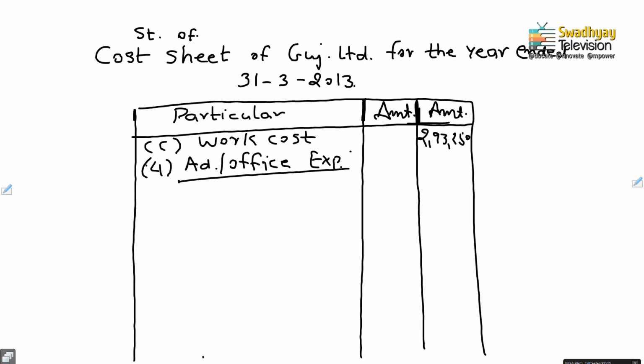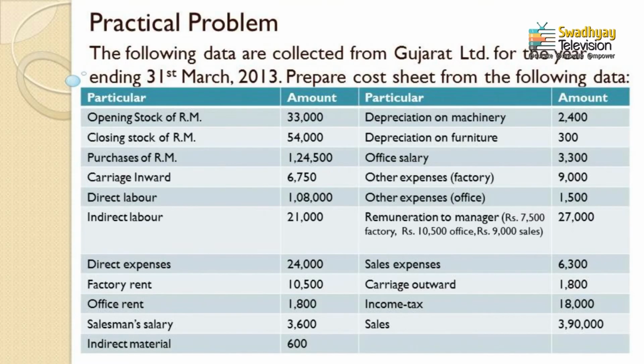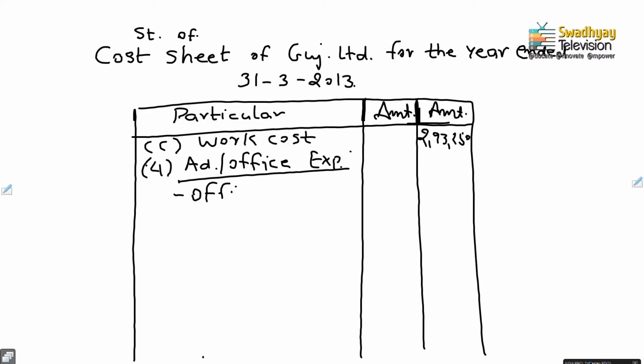As we already identified the admin and office expenses from the question, one by one we will take them and record them under the admin expenses. First is office rent, and the office rent amount is rupees 1800.